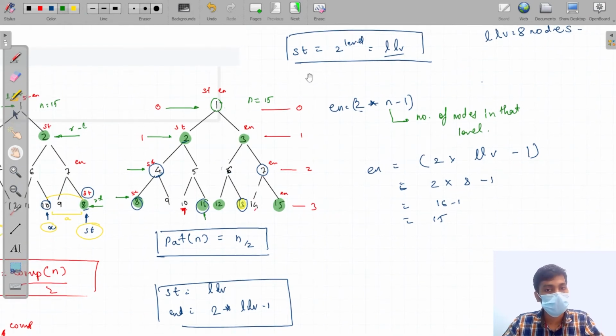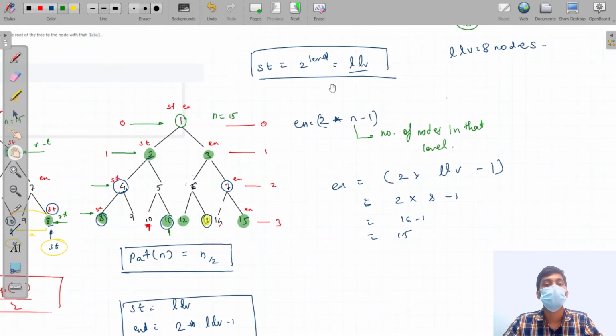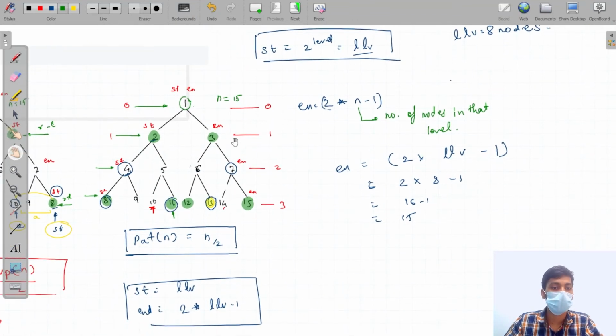So after getting the starting point in this general tree, we tried to find the end value, that is the ending point. We know that for a complete binary tree, the ending point is nothing but 2 into n minus 1.